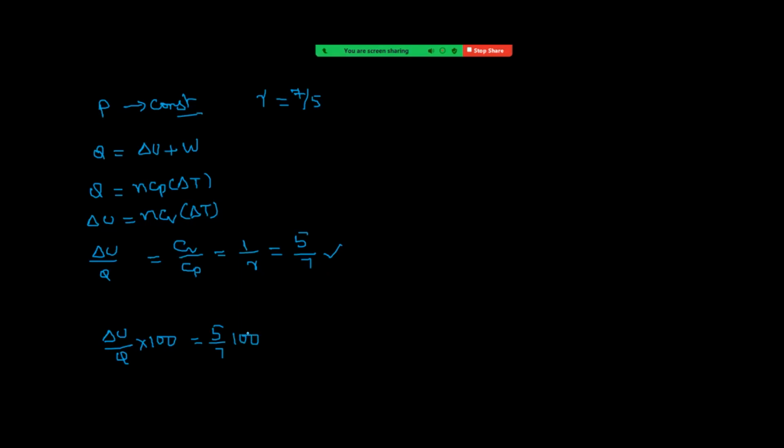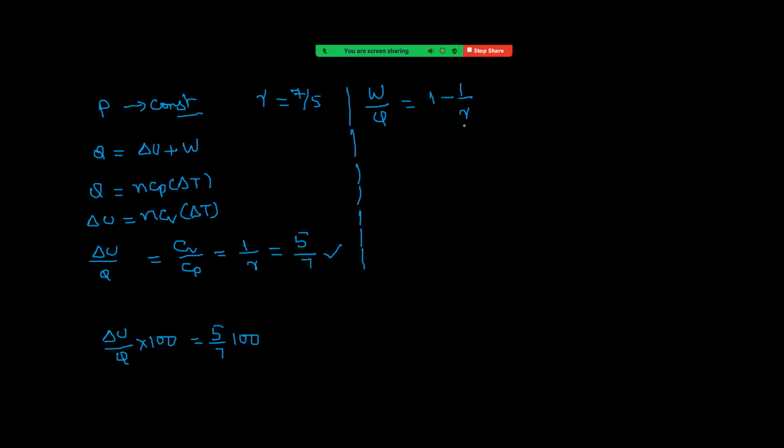Suppose in the same question they ask, what fraction of the heat energy converts into work done? We have already seen that 1 by gamma is the fraction that converts into internal energy. The remaining will be W by Q, that is 1 minus 1 by gamma.